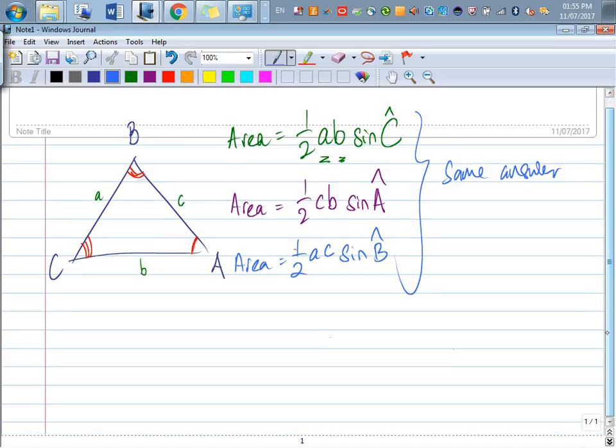Okay, now I am going to show you a special triangle. This special triangle looks like this.